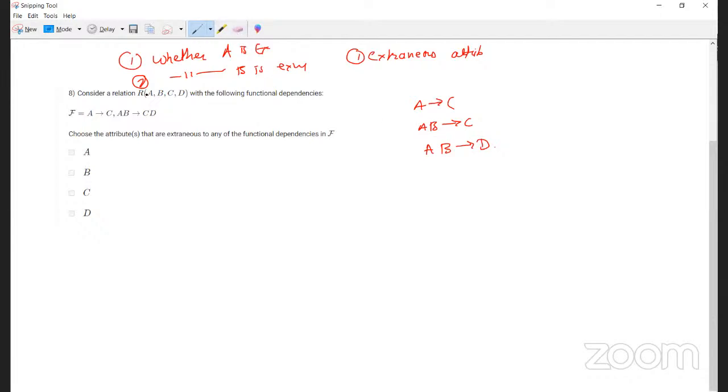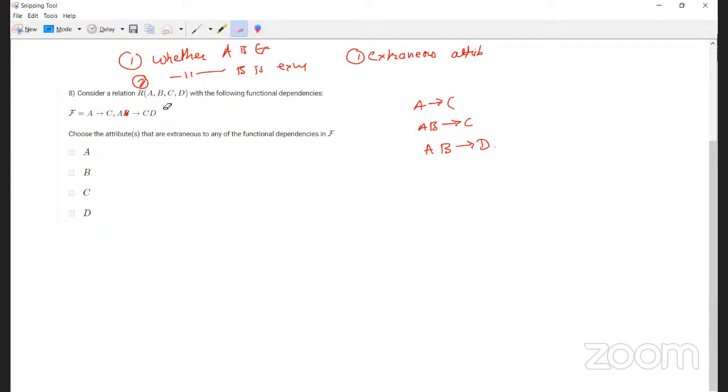If you remove B, will I get A determines CD? No, I will only get A determines C. What about D? That is what extraneous means: if we remove the particular attribute, it should not affect the parent functional dependency, right? So how will we retain D if we remove C?